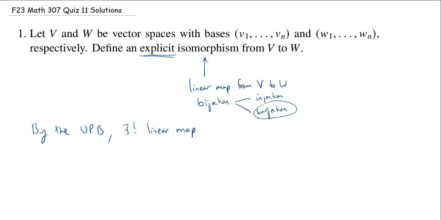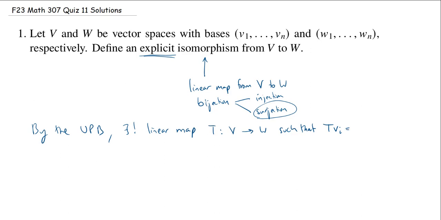This is beautiful, right? We don't have to prove linearity, we just know it's going to exist. A unique linear map, let's call it T, from V to W, such that, all I have to do is tell you what T does to a basis. Well, the basis is V1 through Vn, so I'm going to tell you what it does to, say, the ith basis vector.